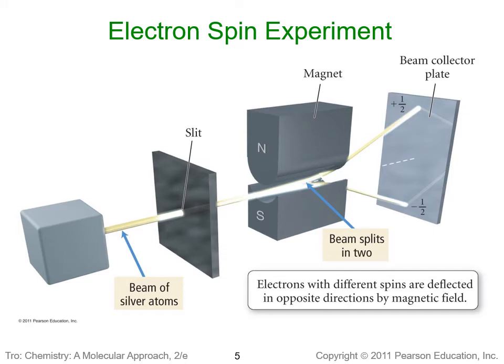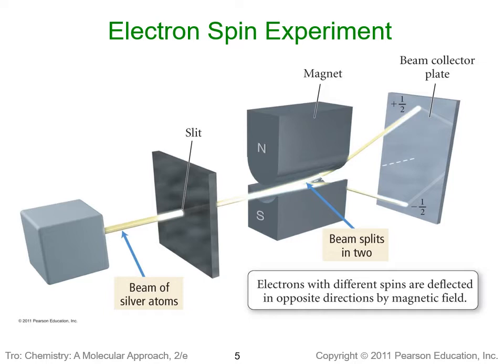There is one additional quantum number that we have not discussed yet, and that is our spin quantum number. We discovered the spin quantum number by doing an experiment where we shoot a beam of silver atoms through a magnetic field.